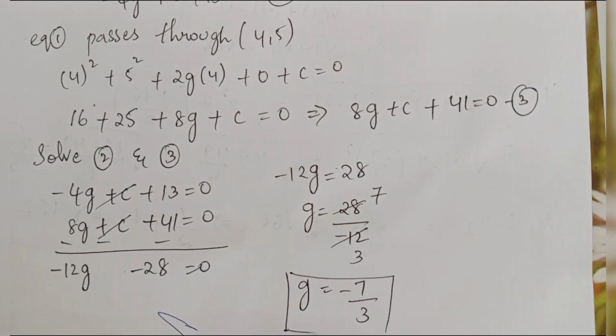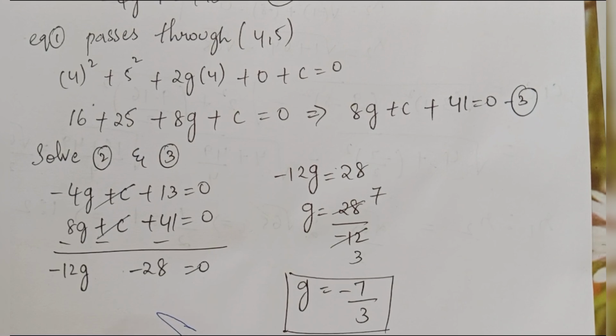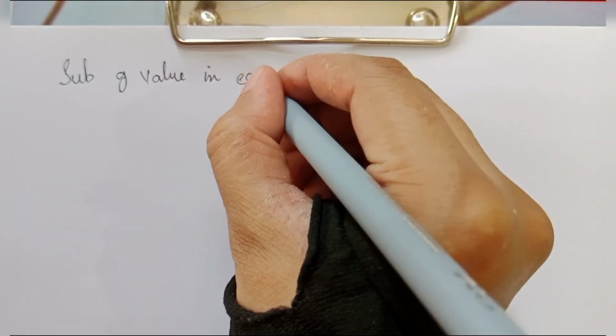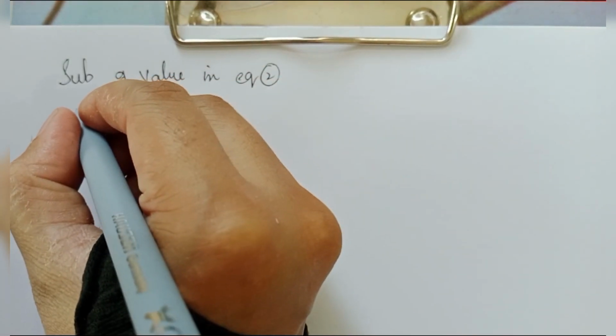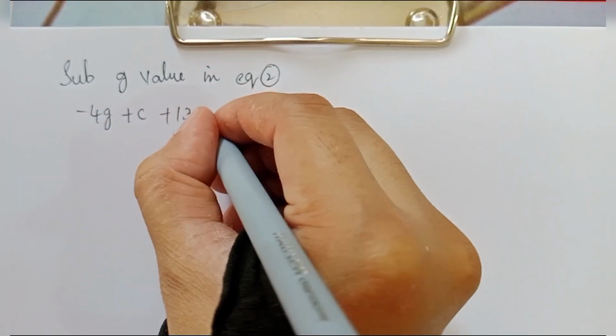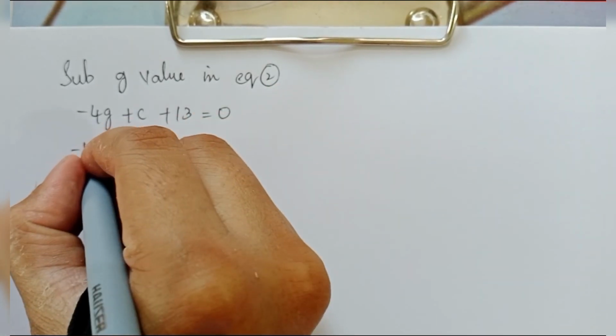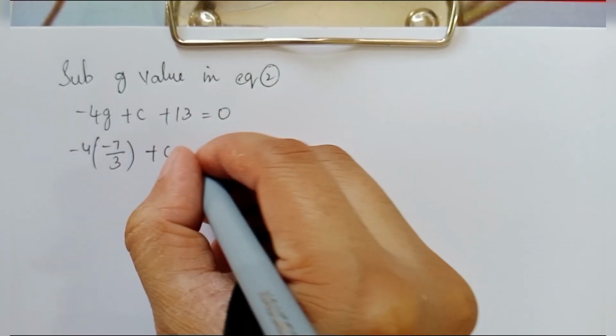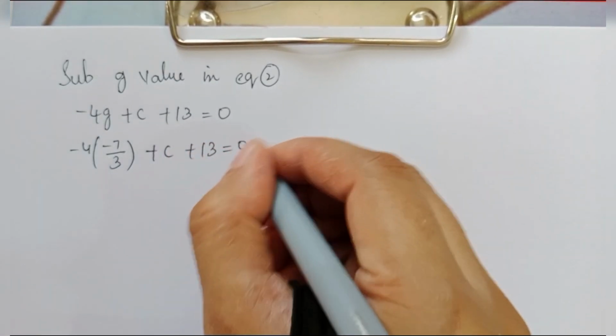Now we need to find the value of c. So substitute the g value in equation 2. Our equation 2 is -4g + c + 13 = 0. So it is -4 into the g value, which is -7/3, plus c plus 13 equals 0.